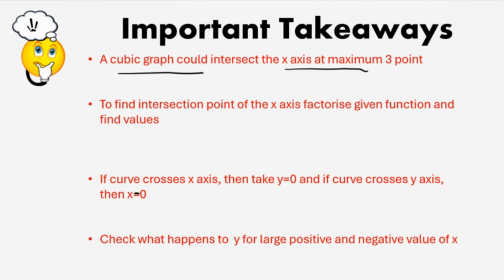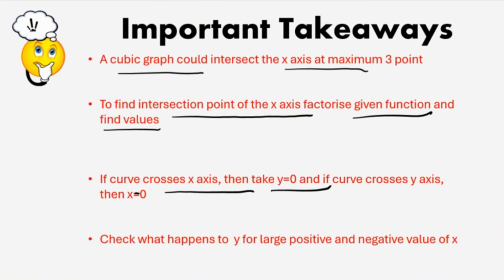Second, to find the intersection point on the x-axis, factorize the given function and find the value of x. If the curve crosses the x-axis, then you have to take y is equal to 0, and if the curve crosses the y-axis, we have to take x is equal to 0. So that will give you the coordinate or point of intersection.